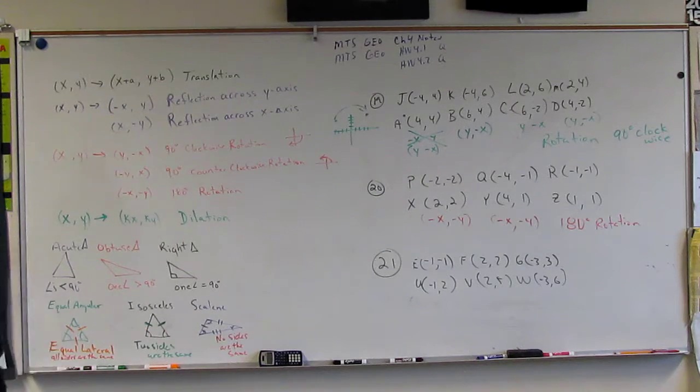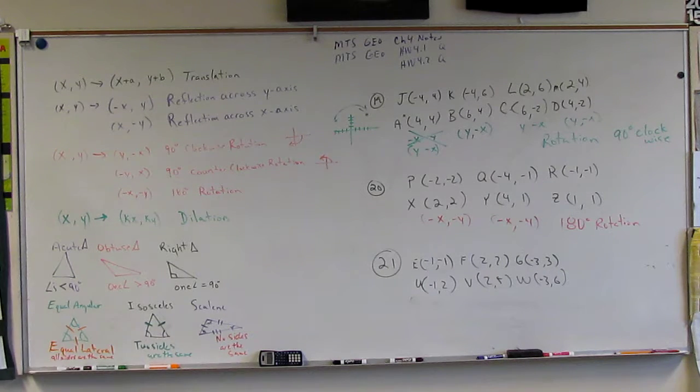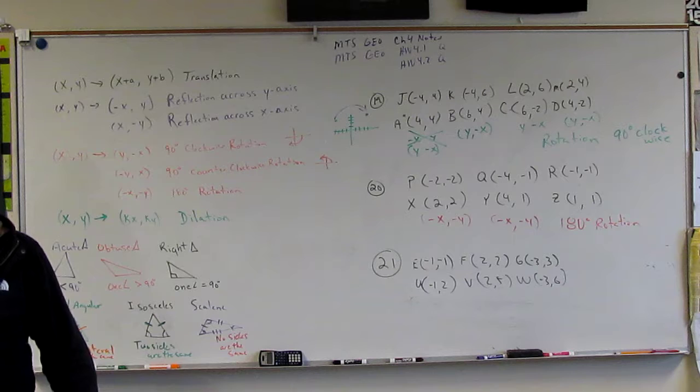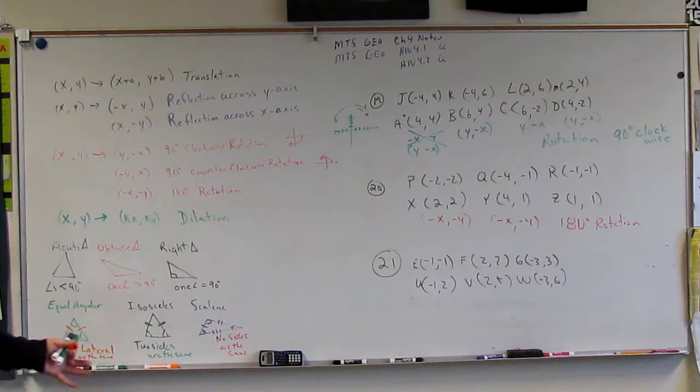So, I mean, it doesn't matter if I go this way or this way, I'm still facing opposite direction. Does that make sense? Now, this could also be called a double reflection. Remember that? Because it could have reflected against the x-axis and then against the y-axis, and it would give me the same thing. Okay? Double reflection.